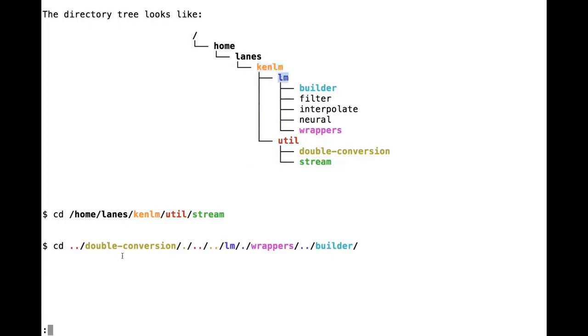lm, which you see in blue, is a subdirectory of kenlm. So, ../double conversion/../../lm refers to /home/lanes/kenlm/lm.